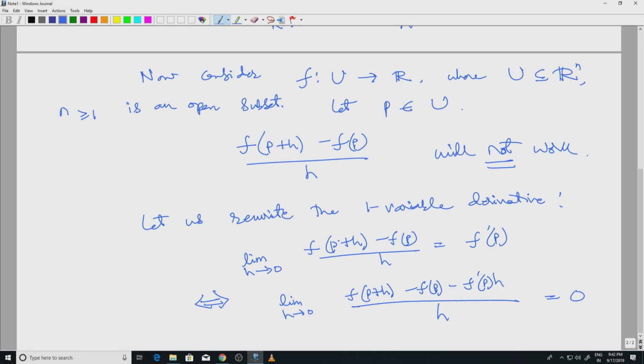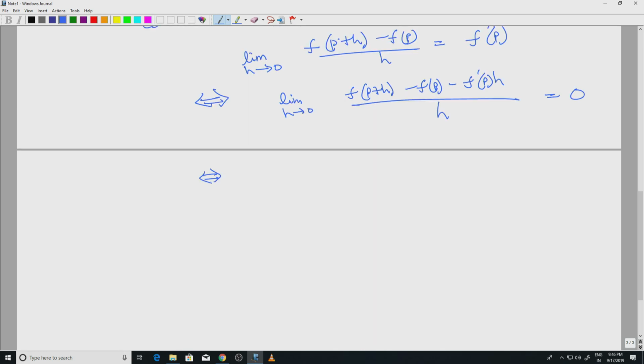All I have done is I multiplied and divided this f prime p by h, and then that's just 1, and then brought it to this side. And even this is not good enough. Notice that to say that the limit of this is equal to 0 is the same thing as saying the limit of the absolute value is 0.